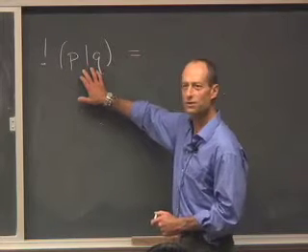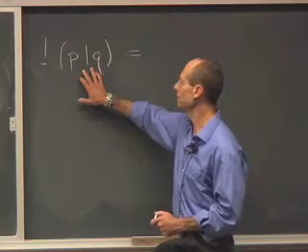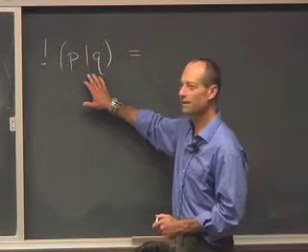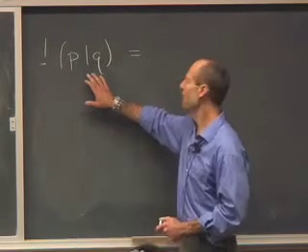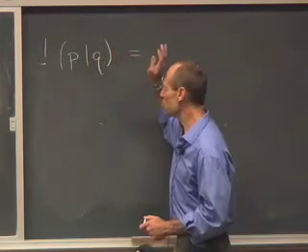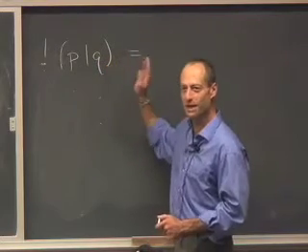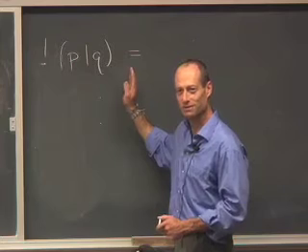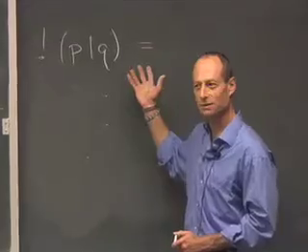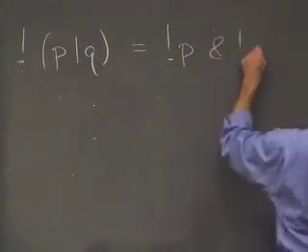It's false only if both are false. So if I want to negate it, I have something that is true when both P and Q are false, and otherwise it's false. Okay, so this is not P and not Q.